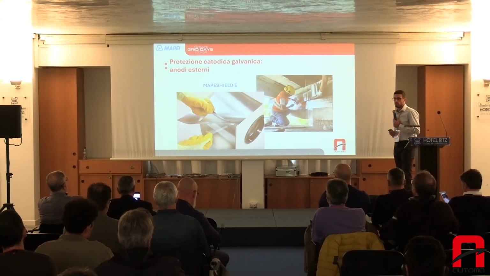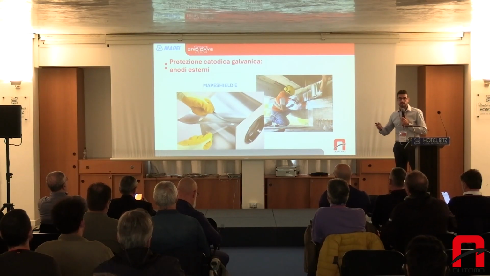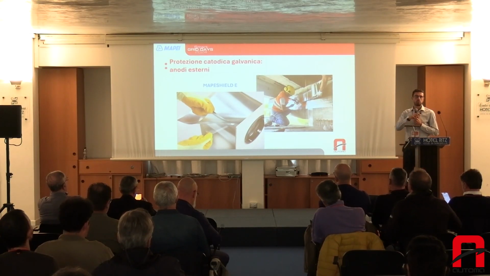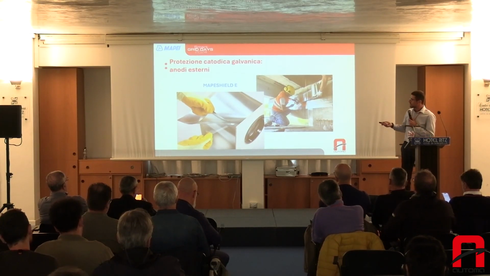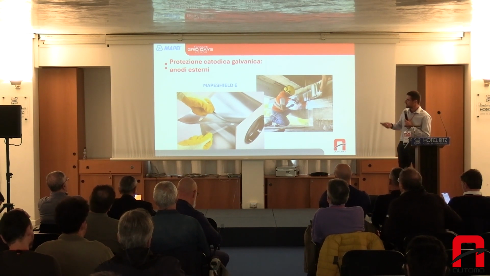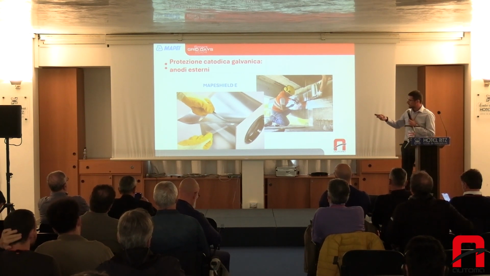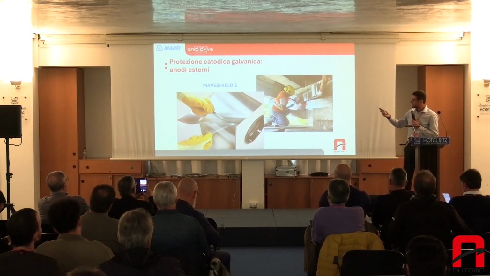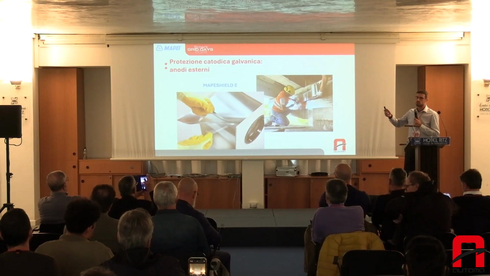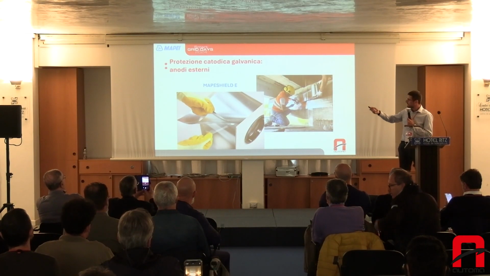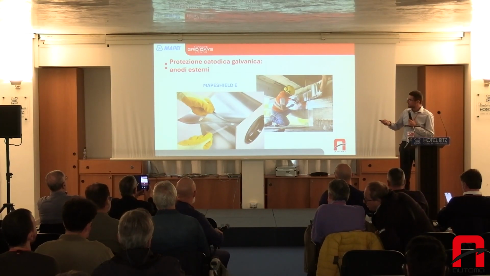There is also another type of anode that we developed. These are external anodes that are applied externally on the concrete surface. They are zinc sheets. Here, the one that you see here is 250 microns.